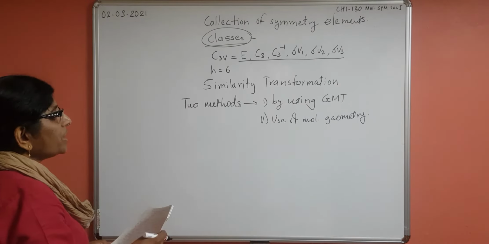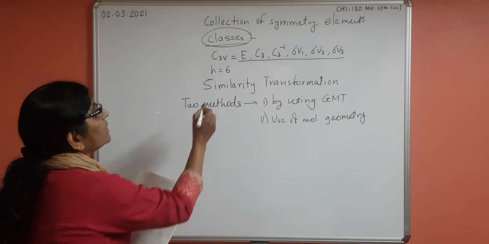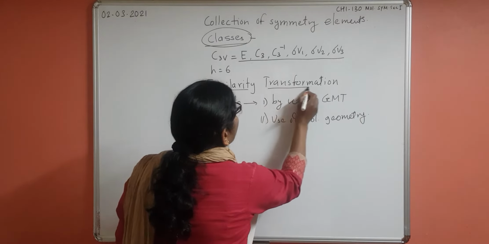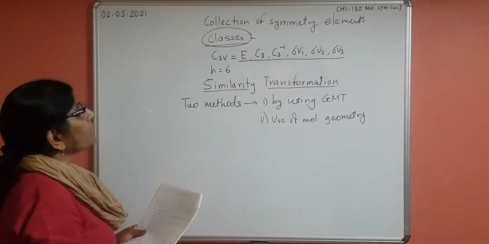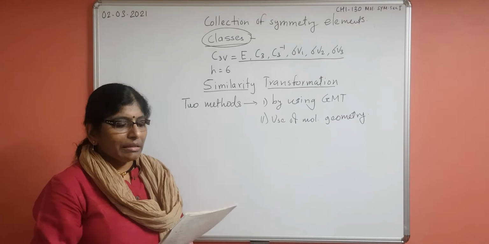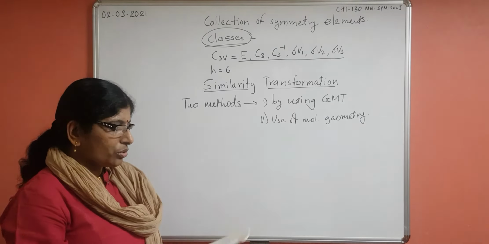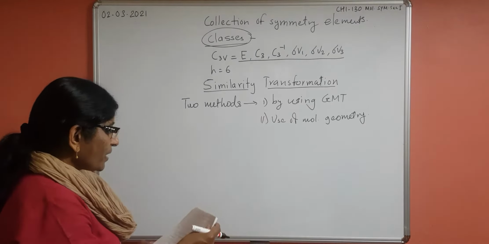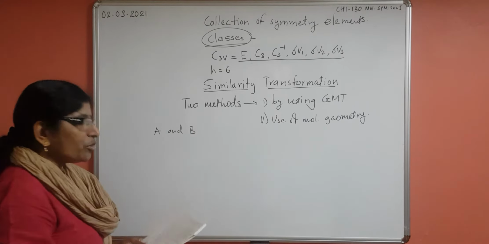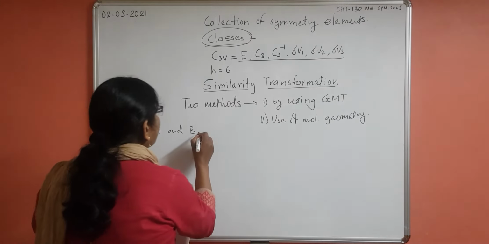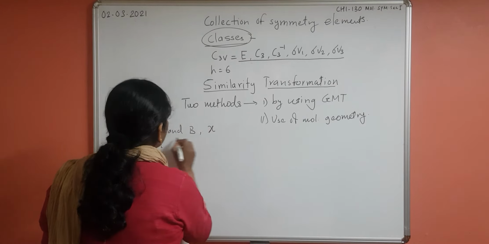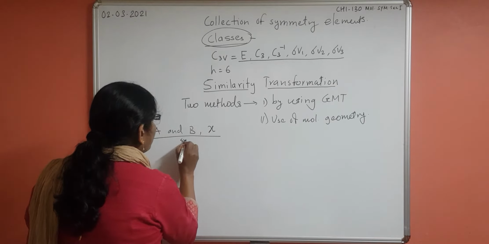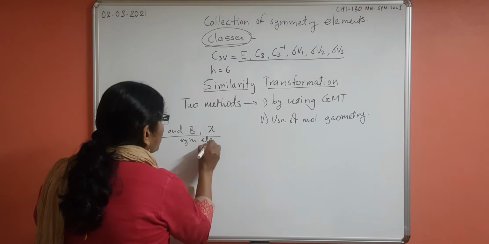Now we'll do a little bit general for this similarity transformation method, how to perform it, how to divide these symmetry elements into classes by using similarity transformation. For example, if A and B are symmetry elements of any point group and X is also another symmetry element, so these are the symmetry elements of one point group.